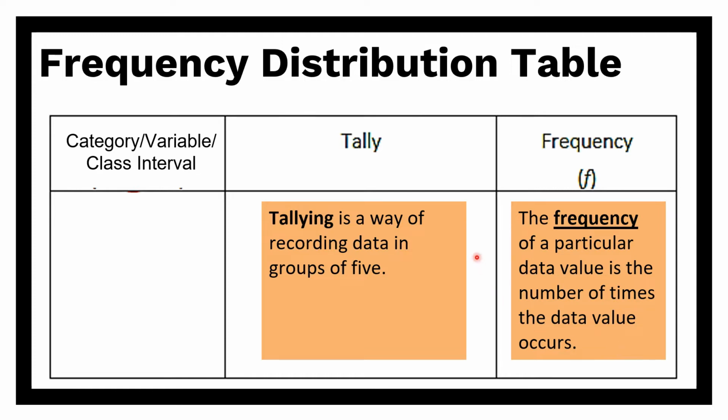After we did the tallying, we will now be counting the tally marks, and then we are going to write it in number. That will be the frequency. So let us now have some examples to visualize and illustrate what is a frequency distribution table.